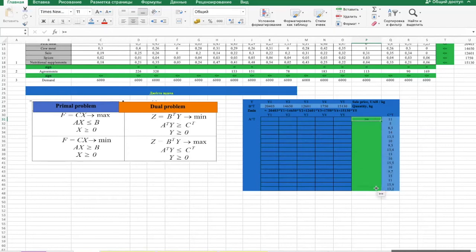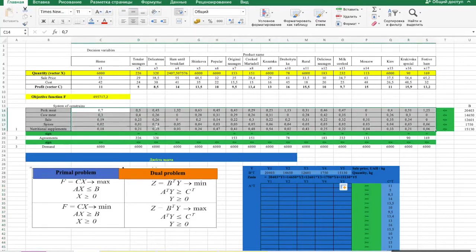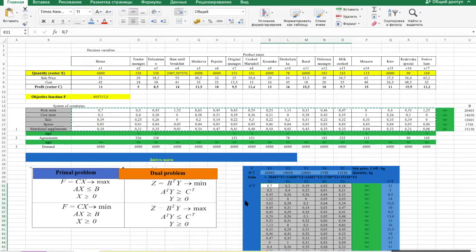Okay. And then what do we need to do? We need to transform our matrix A. Where is our matrix A? Maybe it is from the system of constraints. Yes, it is all our system of constraints. It's our matrix A. But what do we need to do? Transpose and then multiply.